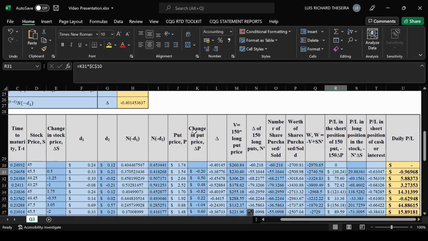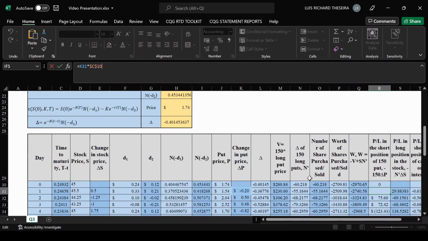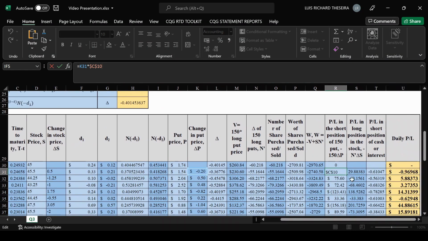With that, we have the first one, the short position, which is basically the number of shares multiplied by the change in put price. As you can see, 150 is C10, as stated here, multiplied by the change in put price.